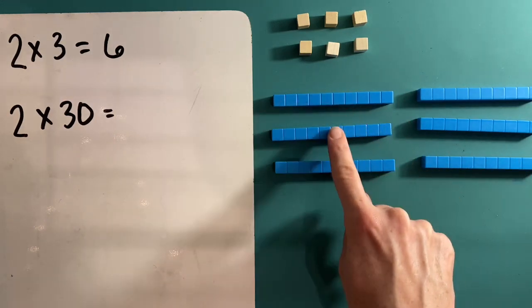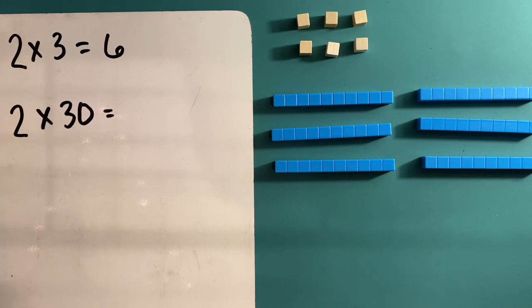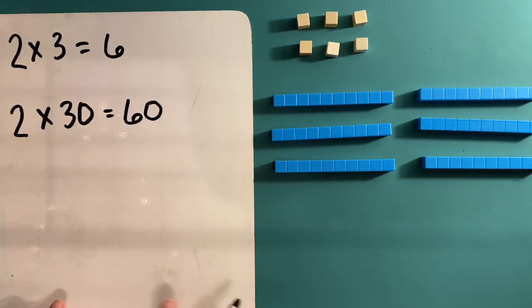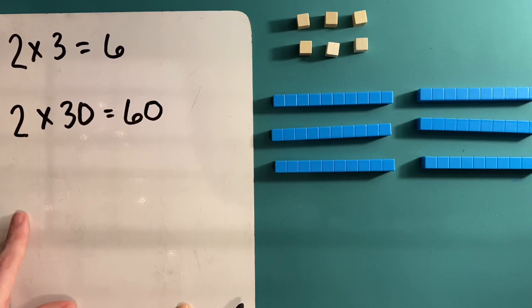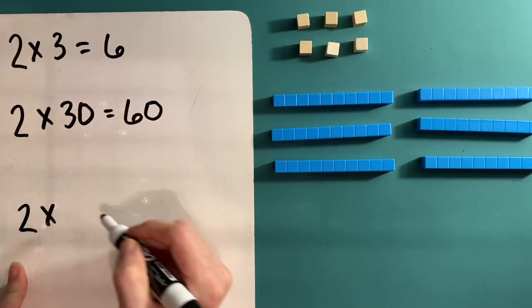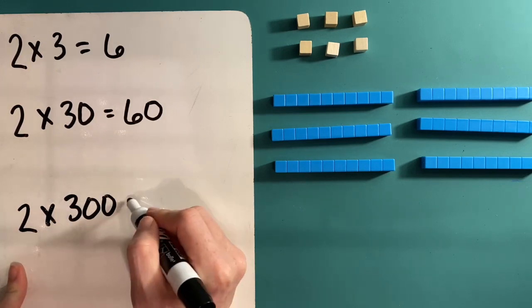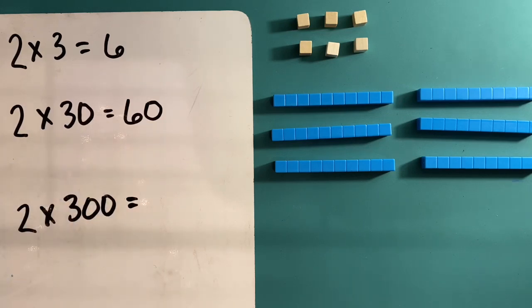So that's 10, 20, 30, 40, 50, 60. Okay, so 2 times 3 equals 6. 2 times 30 equals 60. What if I try 2 times 300? Think about the pattern that you're seeing.